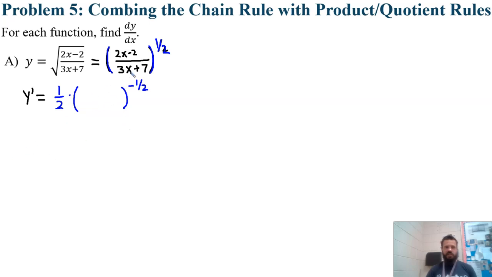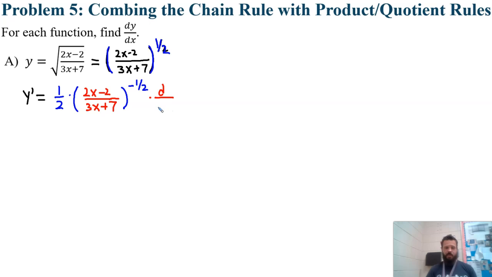And in the middle here, I just have my inner function, this same 2x minus 2 over 3x plus 7. So there's my derivative of the outer with the normal inner function on the inside. And then from there, what I need to do is multiply that by the derivative of the inner.